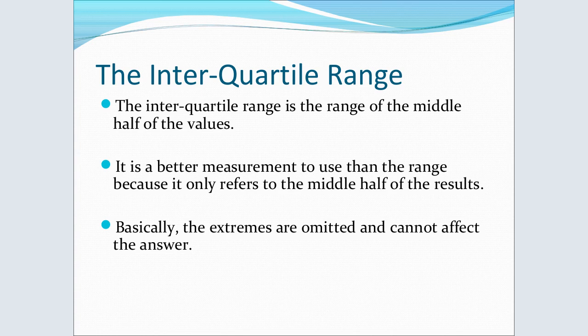Then CF is the cumulative frequency of the preceding class. Then H is the class width. Then F is the frequency of the median class.